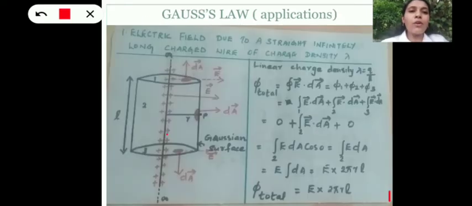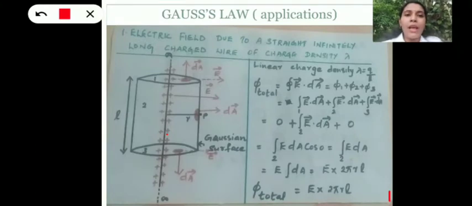Children, have a close look at the figure. What we have discussed just before is represented here. We have considered a cylindrical surface, which is our Gaussian surface, and charges are distributed along the wire. And children, it's not necessary that this cylinder must include the whole length of the wire.